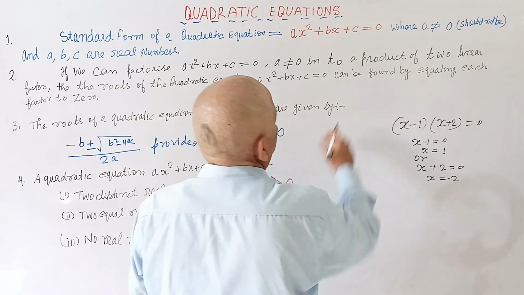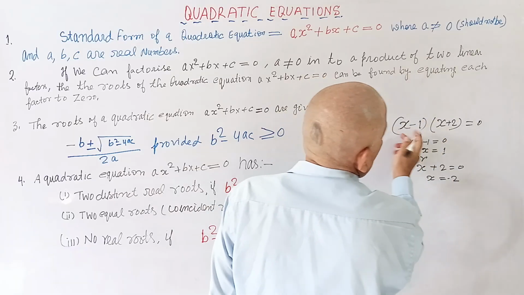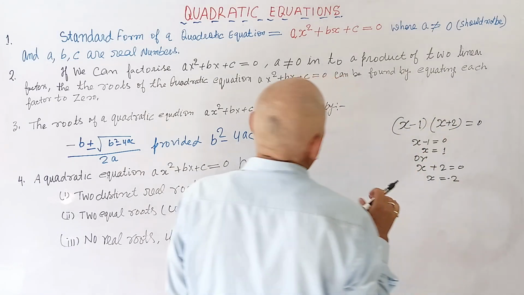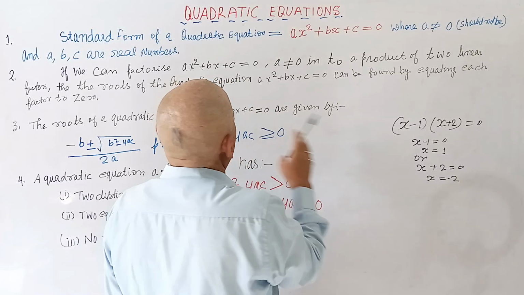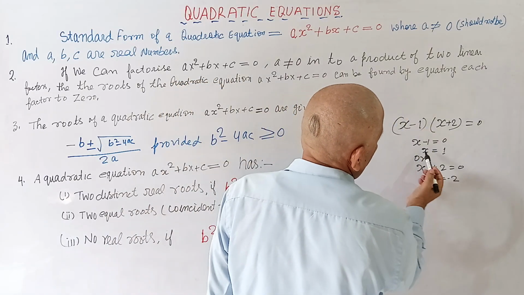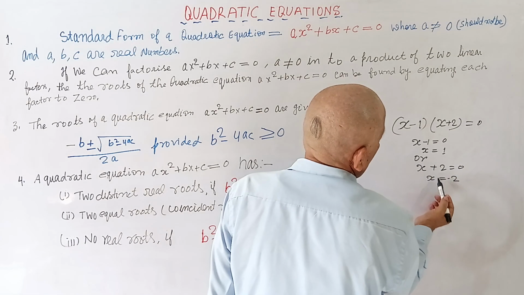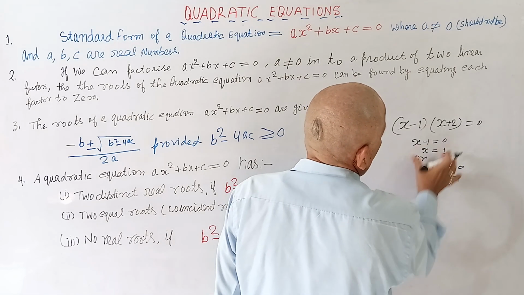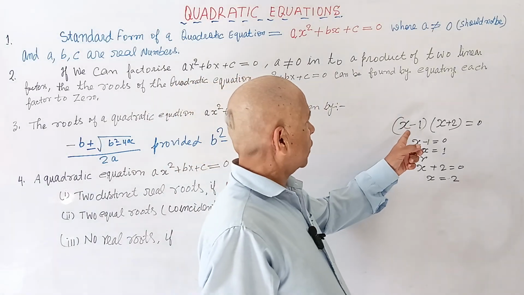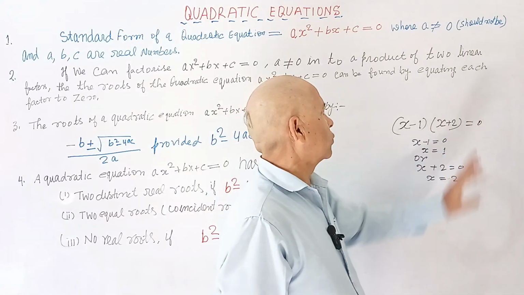So the meaning of this is we are getting the product of two linear factors, and the roots of the quadratic equation can be found by equating. Here the roots of x are 1 and minus 2. So we can find out the roots by equating each linear factor equals to 0.